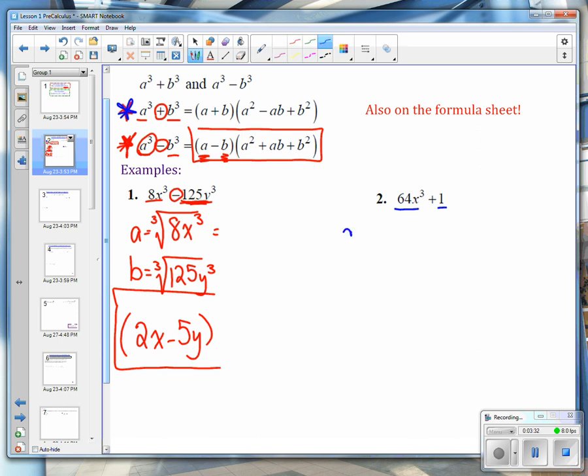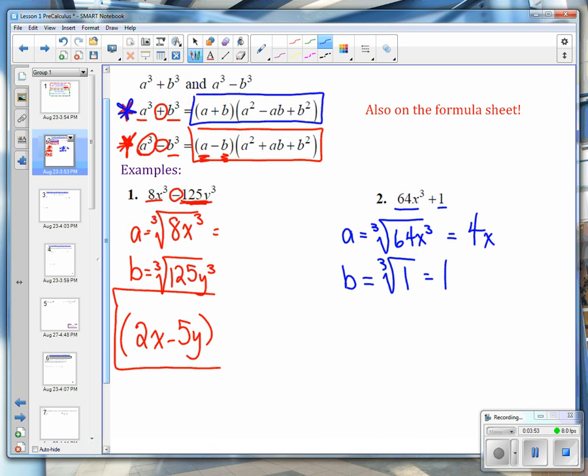We know that for A, I'm going to need to take the cube root of my first term, 64x cubed. That's obviously going to give us 4x. And then for B, this one's easy. The cube root of 1 is just 1. Now again, just follow that formula.